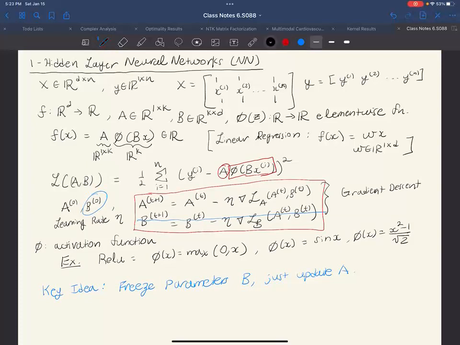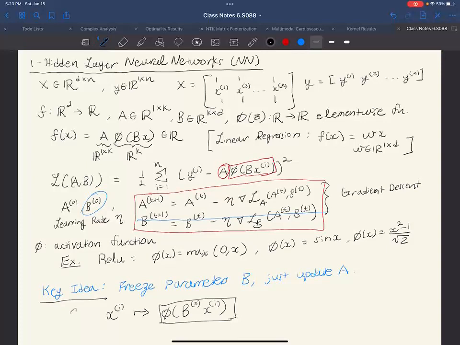So we have transformed our problem into taking our data points x_i, mapping them to phi of b naught x_i, where b naught is just a random matrix, and now we solve linear regression using these transformed features.